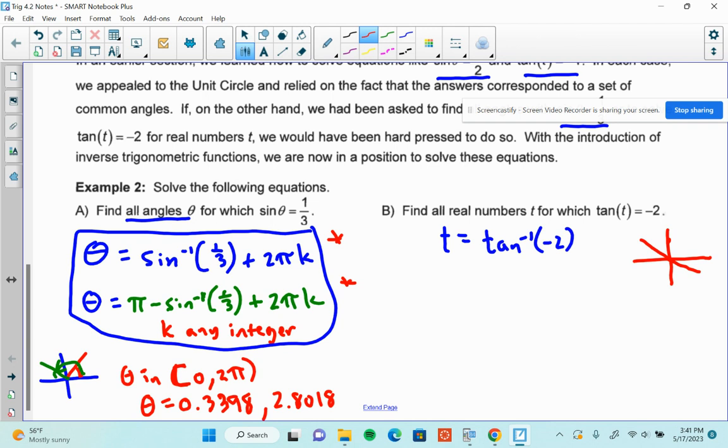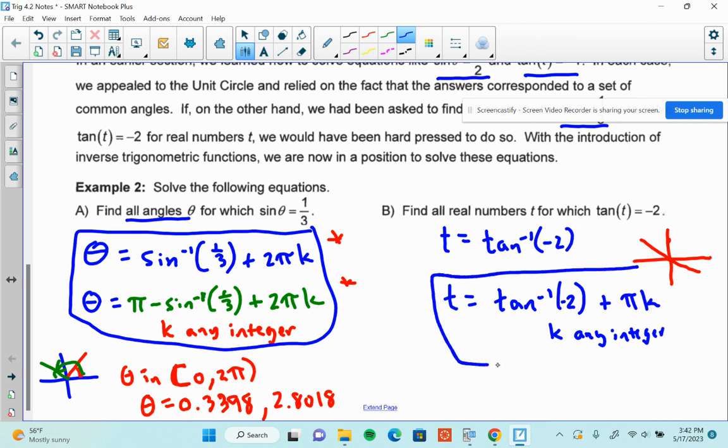So my other solutions are actually going to be, because tangent is periodic with period pi, tangent inverse of -2. Don't lose that negative. Tangent inverse of -2 plus pi k, where k is any integer. And we are actually done right there. And I'm not going to do anything extra with this one. But if you had to have decimal answers, you could find them.